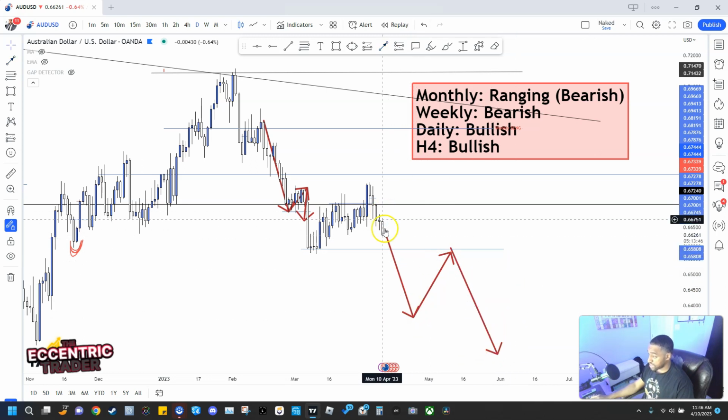Price breaking out of this low and coming back up to test the newfound resistance is all the confirmation that you would need to know that the range has been broken. That monthly range has been broken, and that yeah, you can just start looking at sales now. But until that happens, we're still in this, I guess, another range.